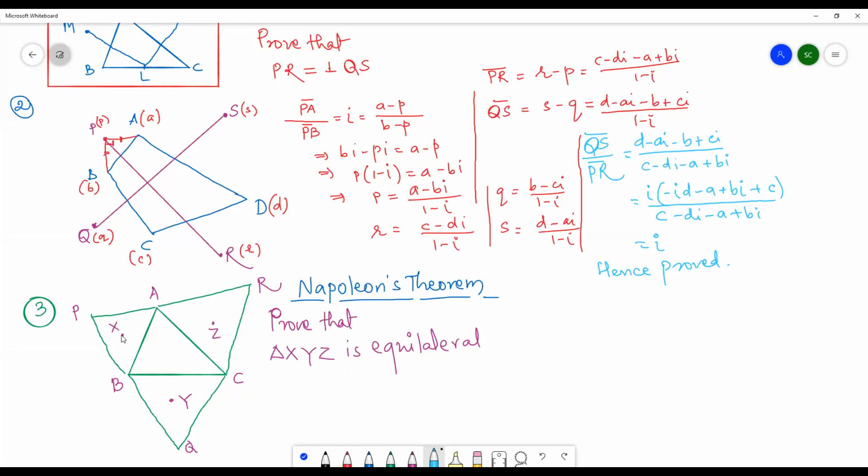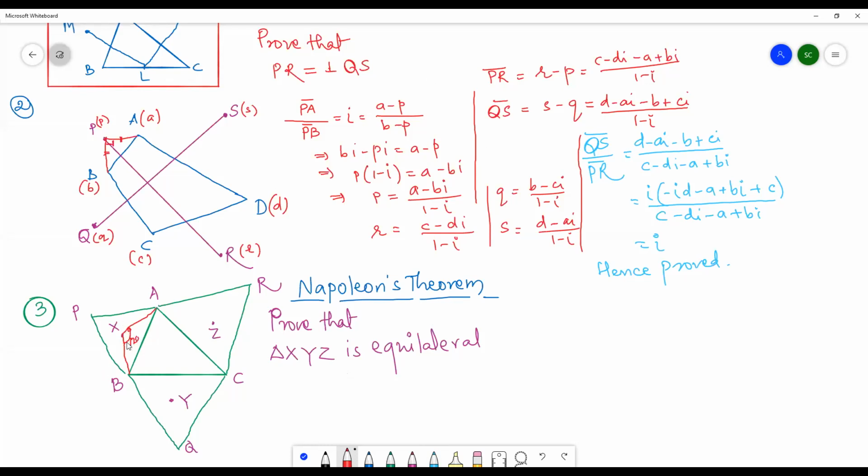Now if you join these two, then how much is this angle? 120 degrees, right?